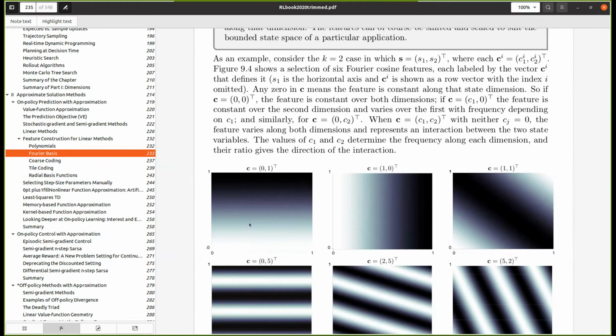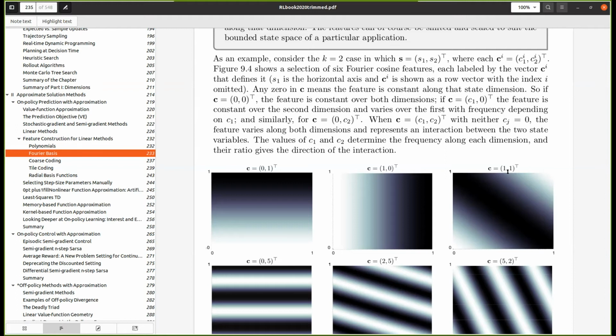So it will be just this kind of heat map here, and the dimensions are our values for state dimension 1 and 2, and here is a value for the Fourier basis function for this particular C here. And then we have another C and another C.